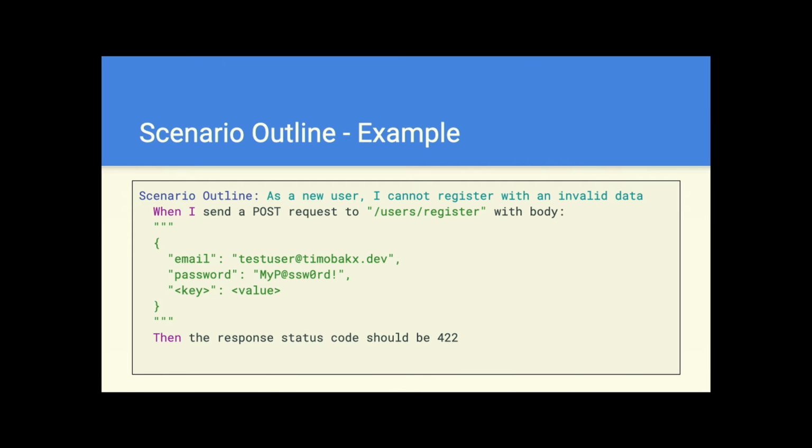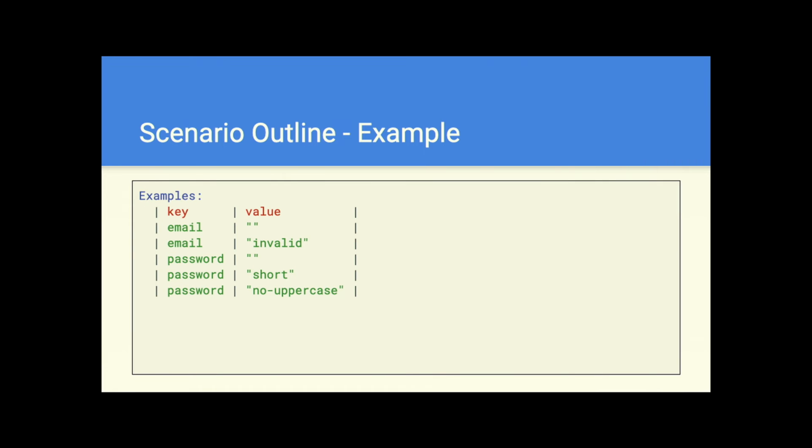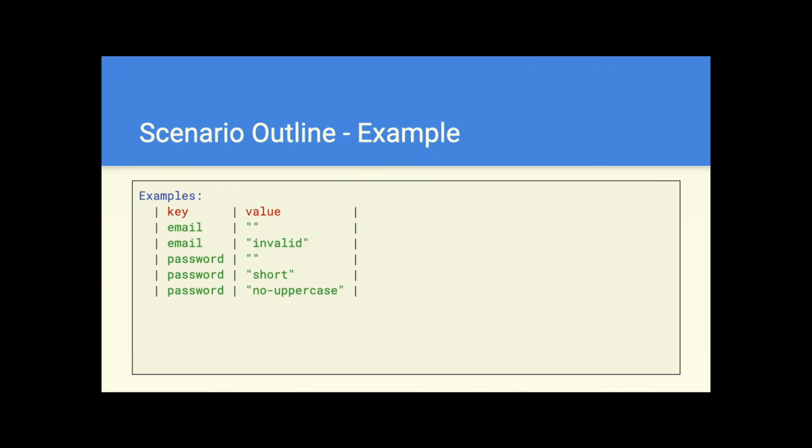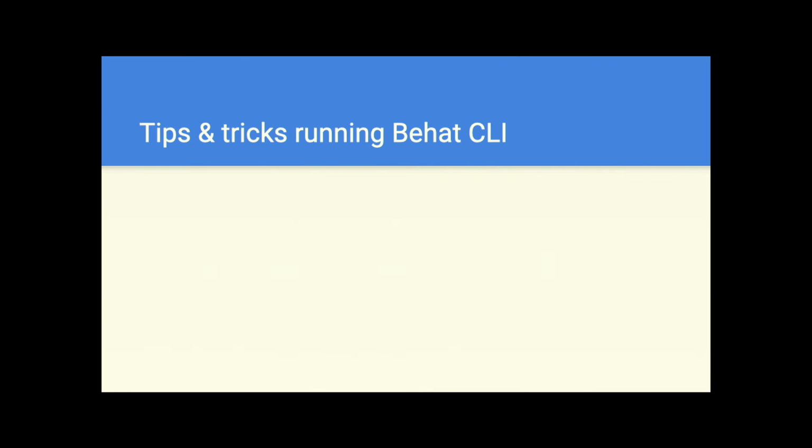We set the default email and password first, and then we override that in specific cases with an empty email or an invalid email, an empty password. And then we check if the test itself will actually respond with a 422 instead of a nice 200 or 201. So to make sure that our validation schemas are still in order.